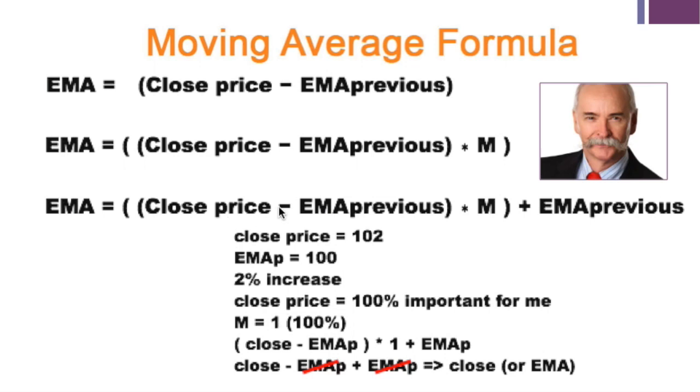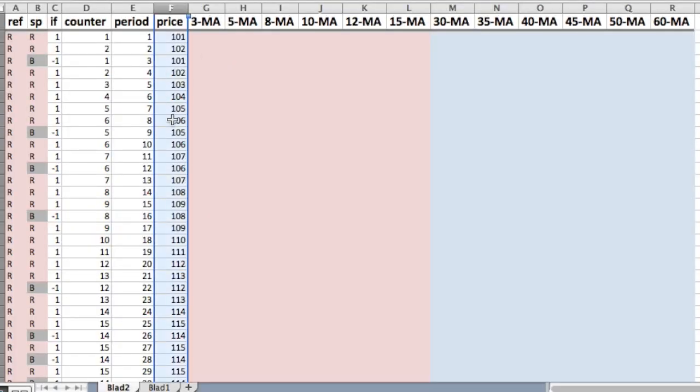The close price minus the exponential moving average from the previous period, plus the exponential moving average from the previous period, cancel each other out, and you're left with the closing price. The current exponential moving average will always equal the current closing price. Then you just get the price movement.